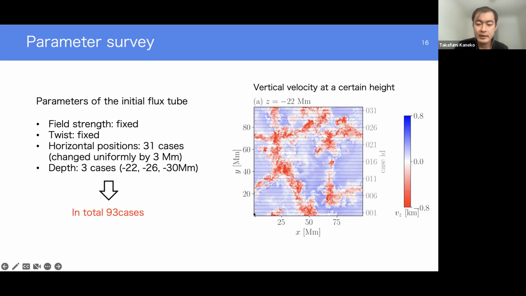Each simulation has one flux tube, but the positions of the flux tubes are different. By changing the position, the turbulent convective flows surrounding the flux tube are different, so the result should be different. This only shows the difference of horizontal position, but we also change the depth of the initial position in 3 cases. So in total, we performed 93 RMHD simulations.